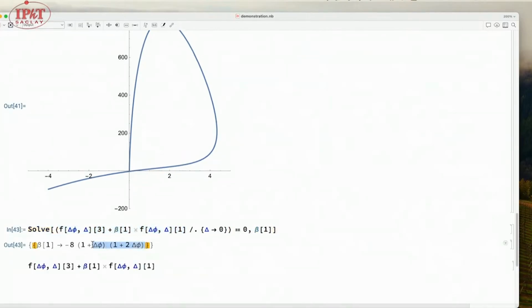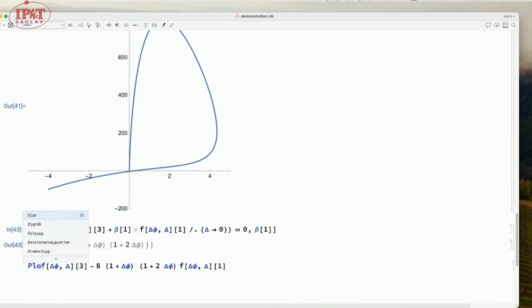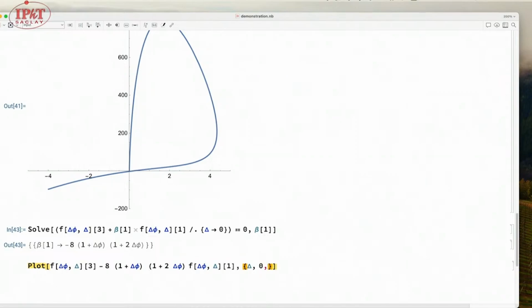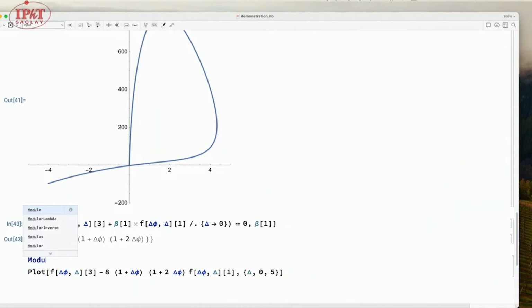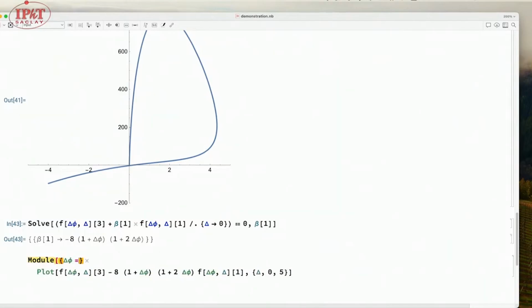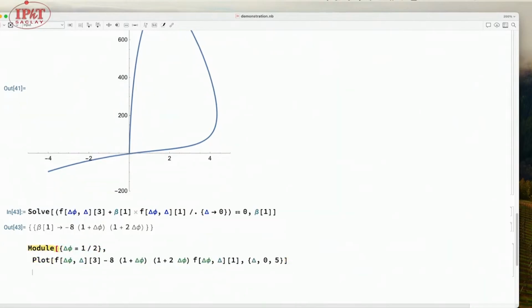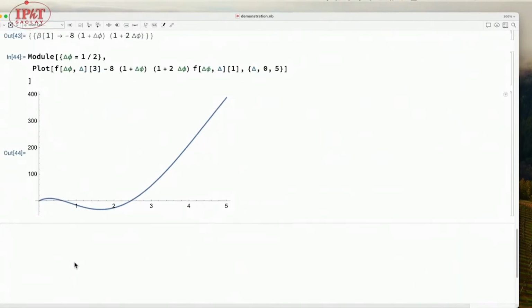And now we can plot this functional as a function of delta, let's say up to 5. Okay, so this is what it looks like. And what is this functional?